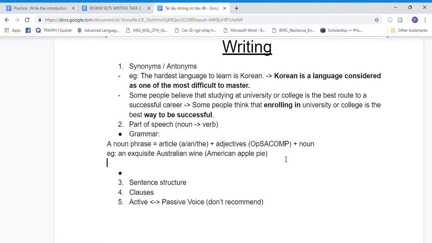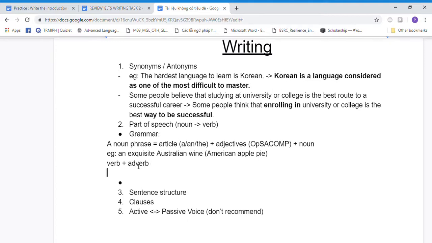I'll give another examples. And I don't think it's necessary. We have a lot of things to do. We also have to talk about verbs, because we want to change from noun to verb. A verb usually goes with an adverb behind it.